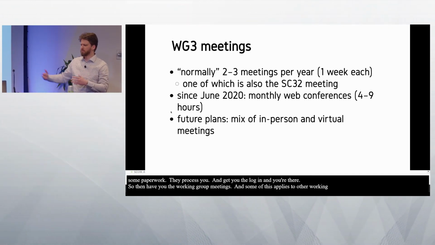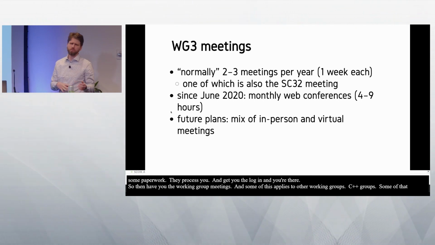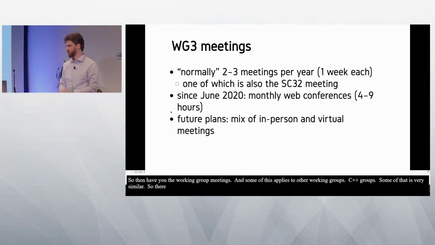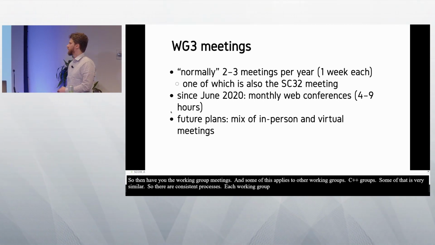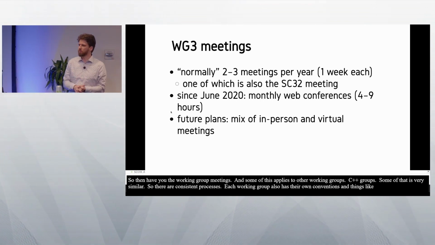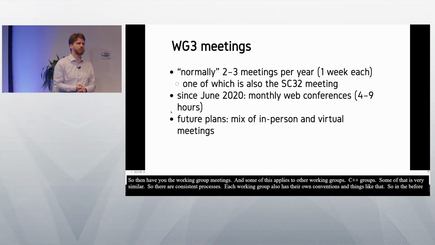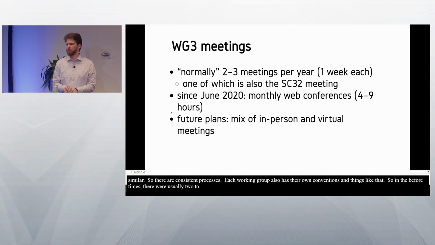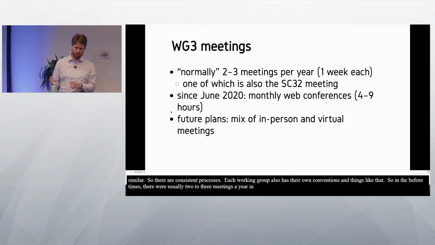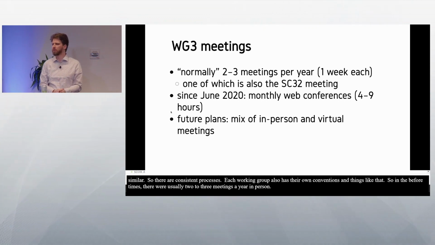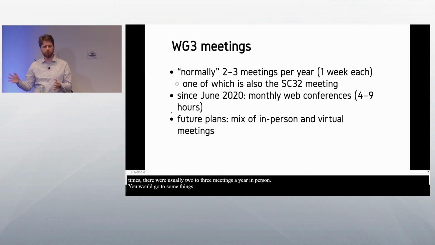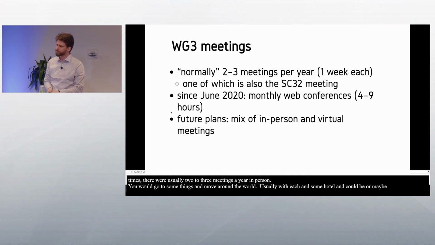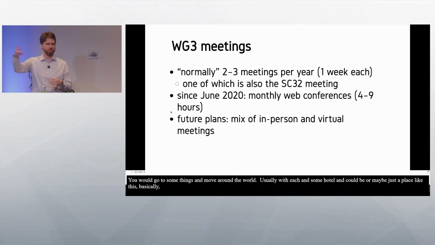So there are these consistent processes, but each working group also has their own conventions. In the before times, there were usually 2 to 3 meetings a year in person. You would go to some place, and this moves around the world, for usually a week each in some hotel, or maybe just a place like this. You meet there for a week, and you work through your agenda.